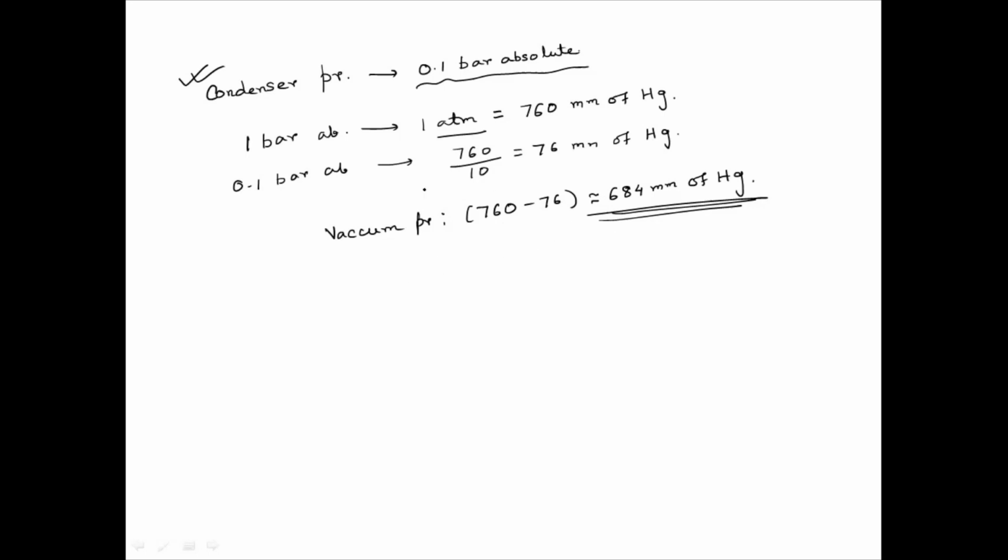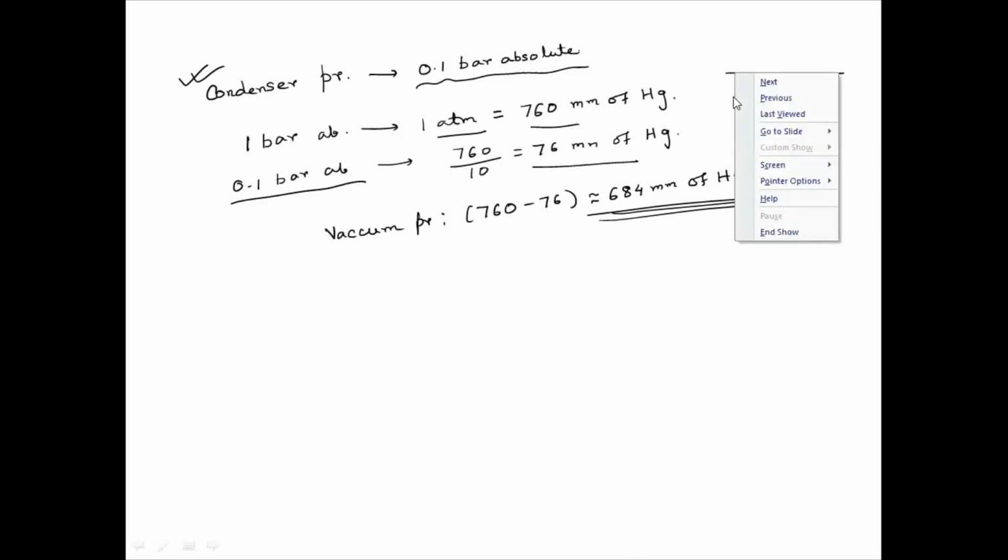I hope it is clear to you, because with absolute pressure we get absolute values, and for vacuum, 760 is the reference line. So how much below 760 is the condenser pressure? Here it is the condenser pressure, PC. How much below is it? That is 684 mm of Hg.